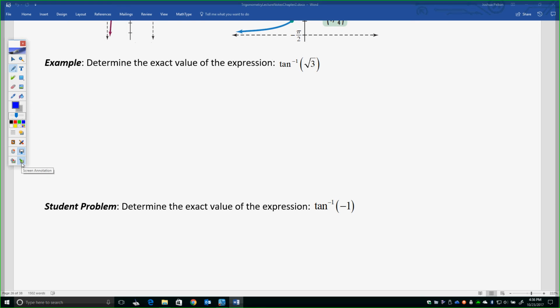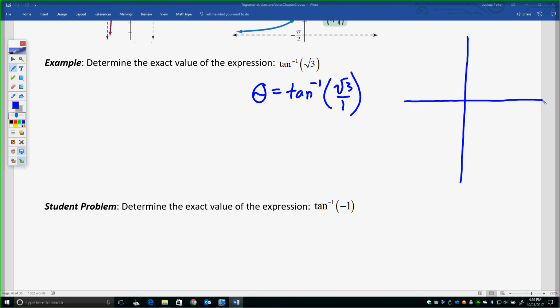So we're asking ourselves, for what angle does the inverse tangent give me root 3 over 1? And I change it to that so we can see the ratio. Well, tangent is positive, so if we make our unit circle, tangent is positive here, and tangent is positive here, because essentially tangent is sine over cosine from the identities.